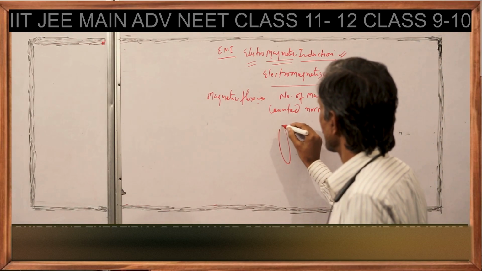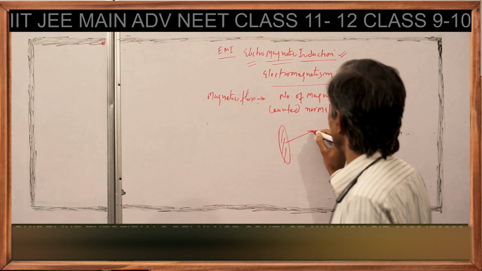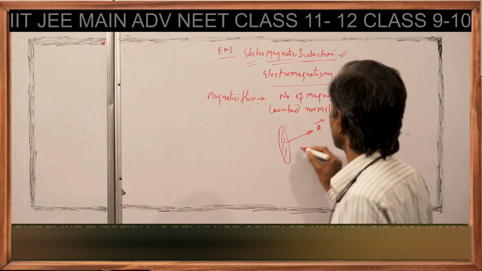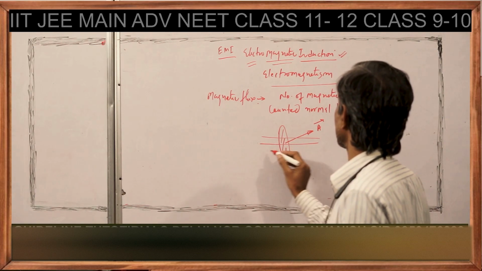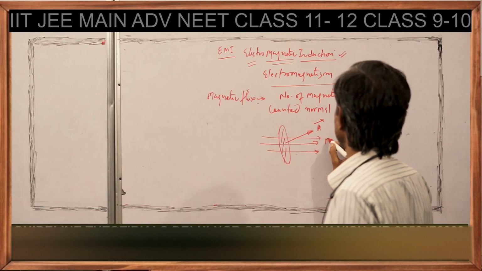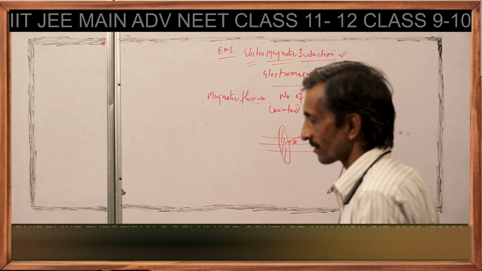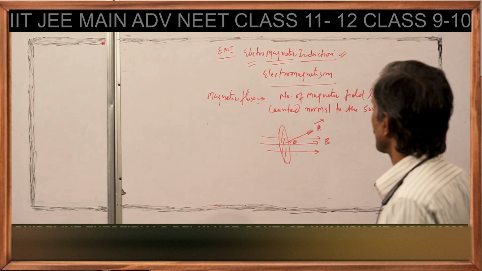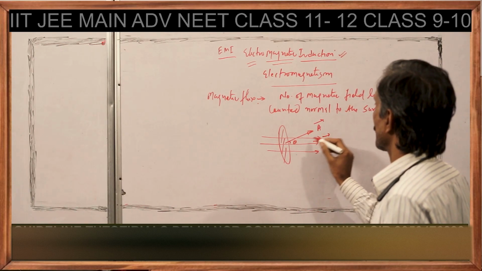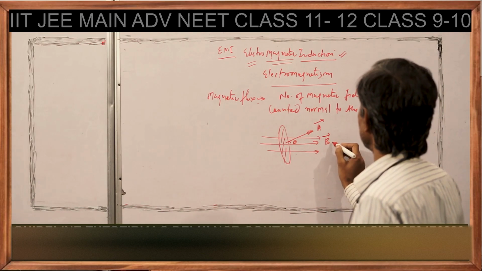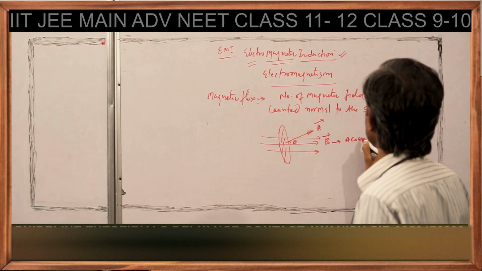Suppose this is the surface and this perpendicular is called the surface area vector, and here are the magnetic field lines in this direction. Then this angle is theta, so the field component is B cos theta, and the component of area in the field direction will be A cos theta.